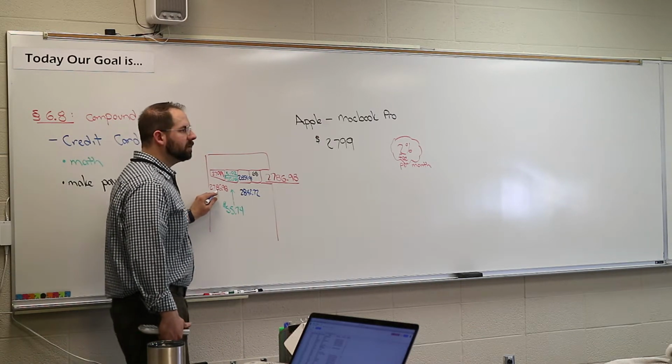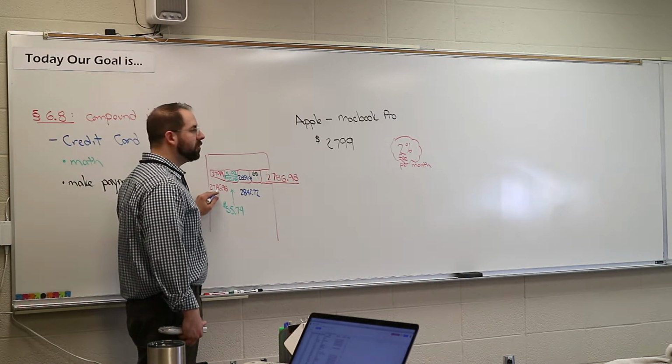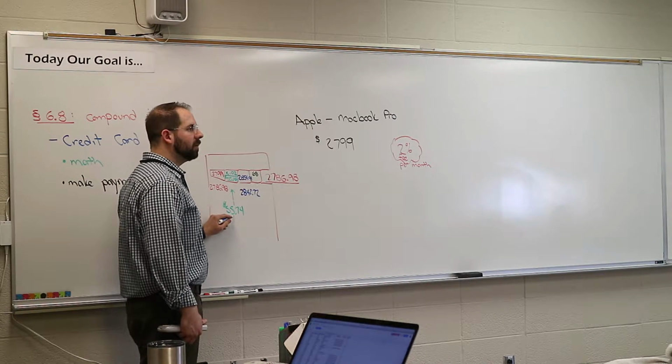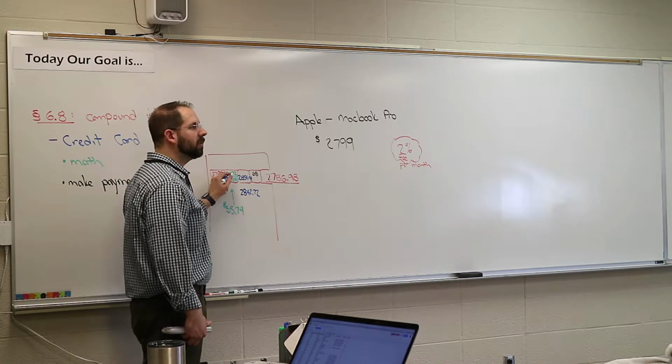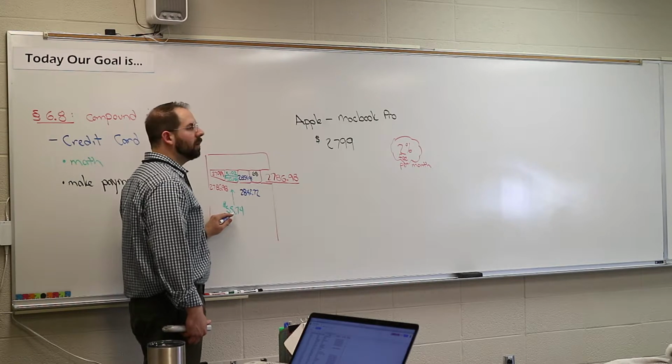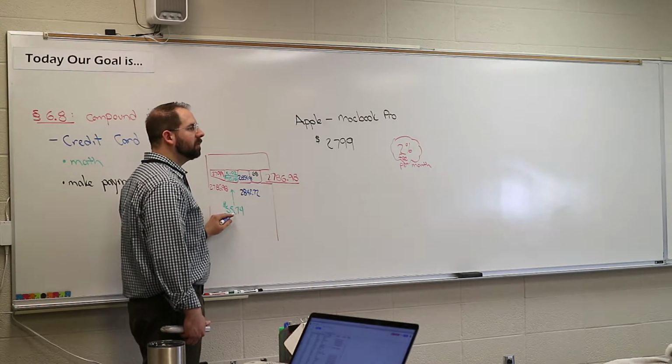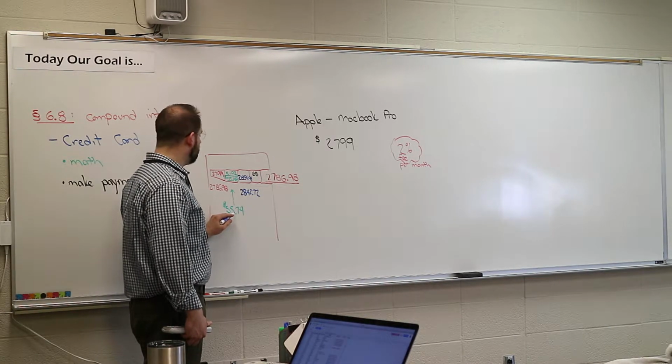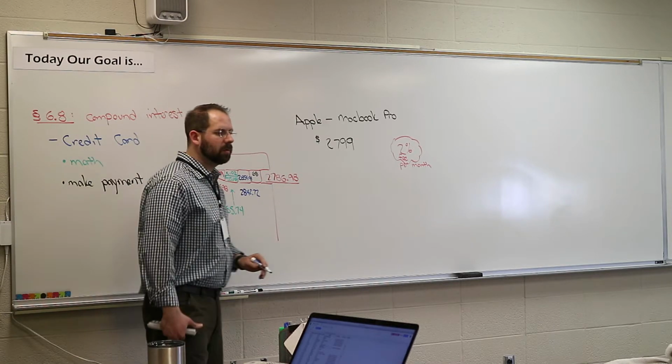Taking this price times 0.02 gives this number, because 0.02 is what they charge you every month. What do you get for the interest? 55.74.